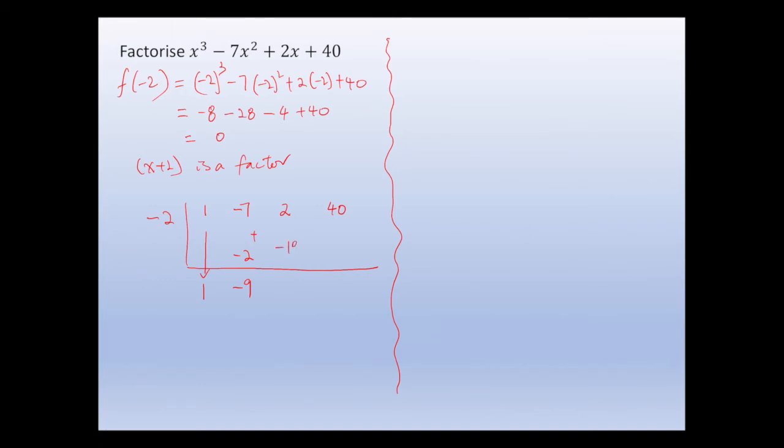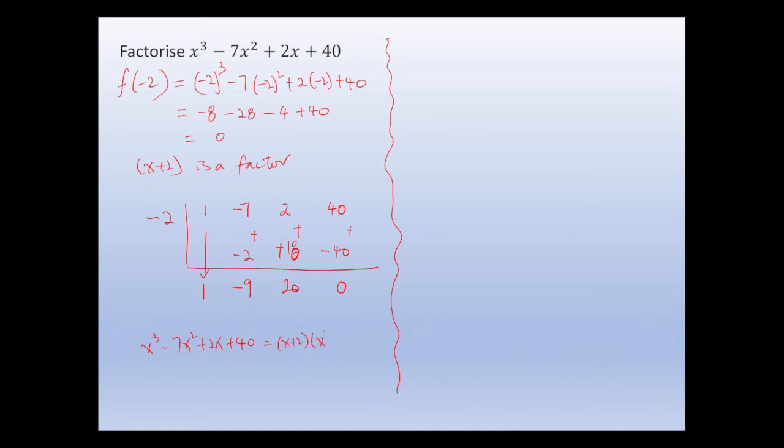So now I've got minus 7 plus minus 2, that gives me minus 9. Minus 2 times minus 9, that gives me 18. Alright, minus 2 plus, oh, it's actually plus 18, my fault. 2 plus 18 will give me 20. And then minus 2 times 20, that will give me minus 40. And therefore, it is 0.